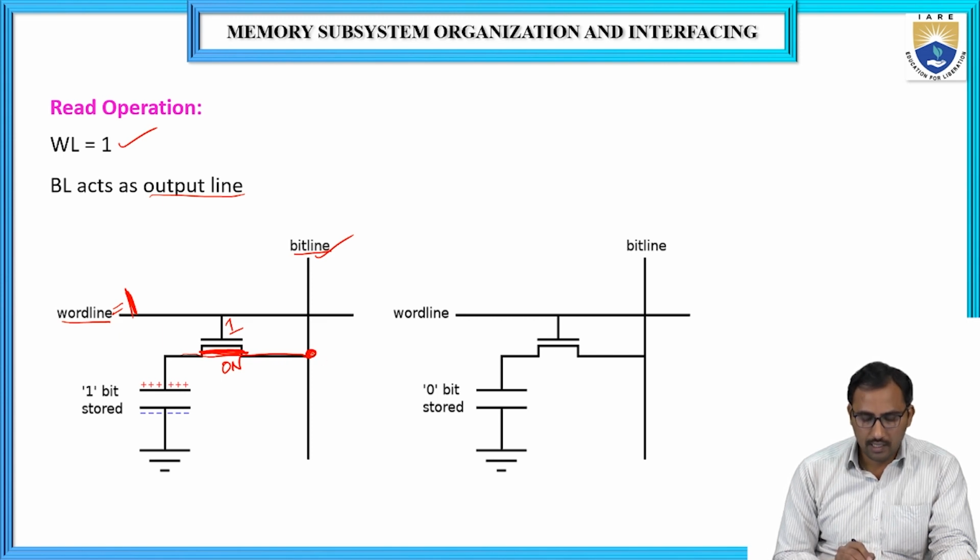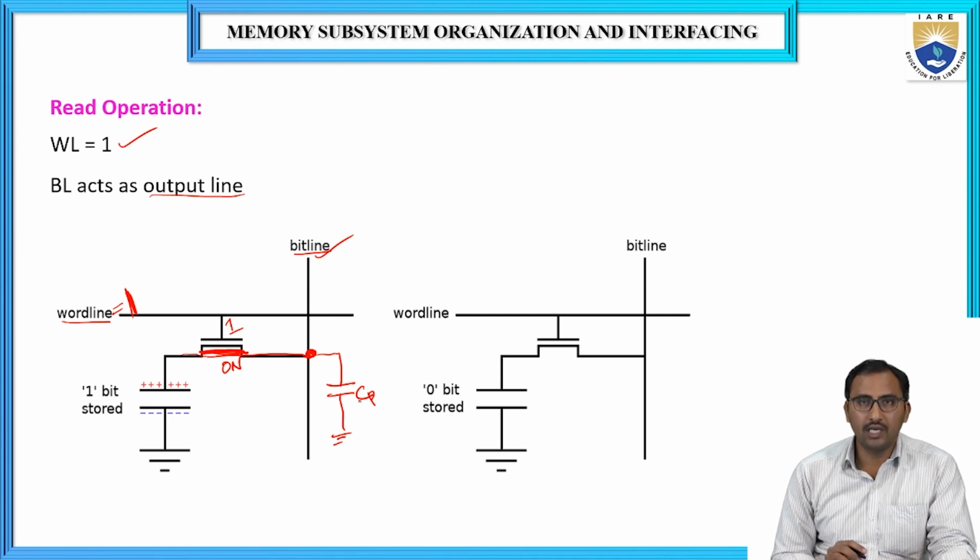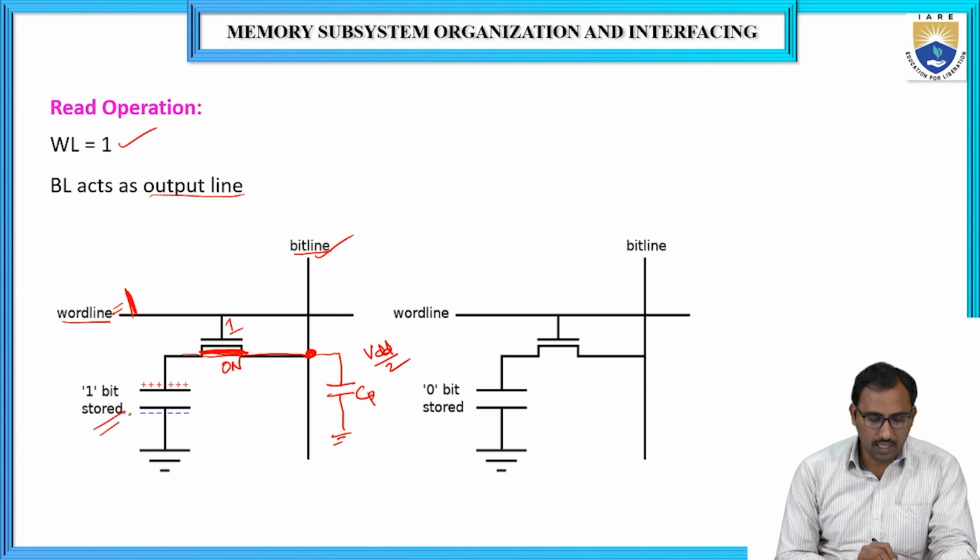Here, on this bit line, we are connecting a pre-charge capacitor. Initially the pre-charge capacitor will be charged to VDD by 2. So suppose the capacitor is storing a charge, then this stored charge will be shared with this bit line.